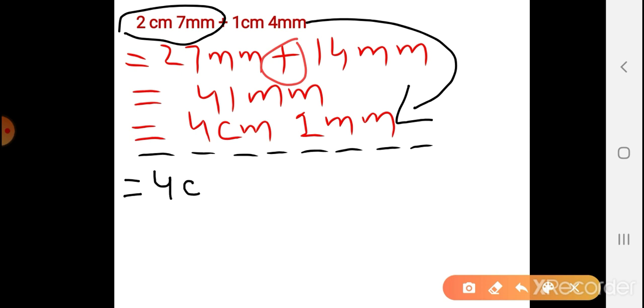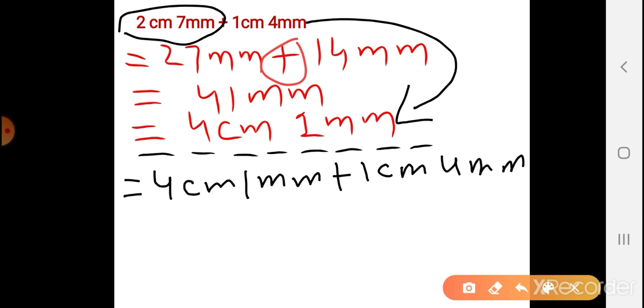4 centimeter 1 millimeter, and we have 1 centimeter 4 millimeters.